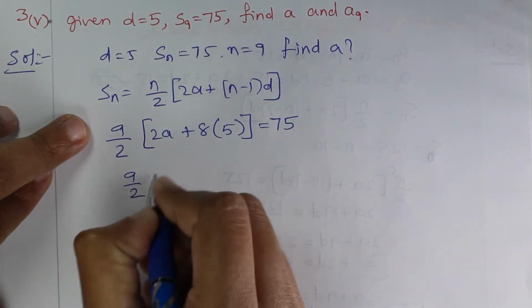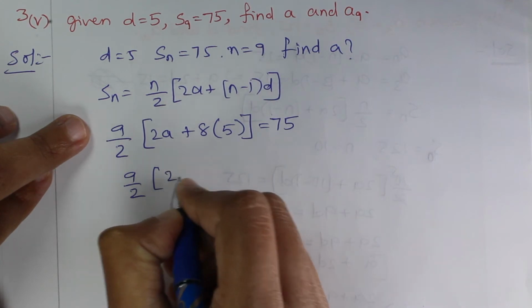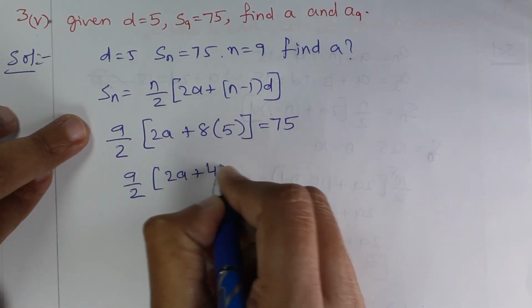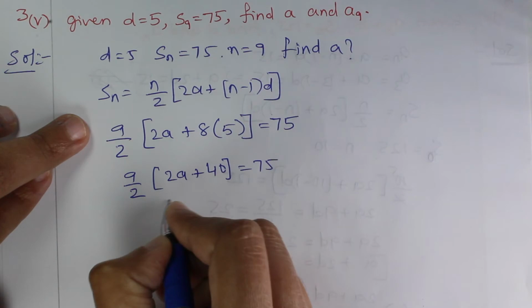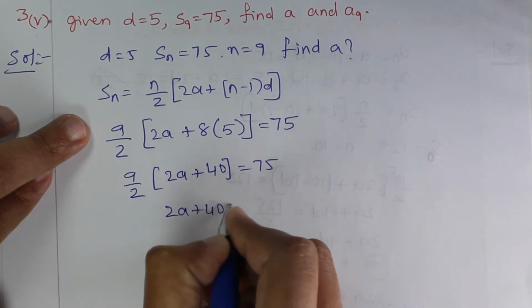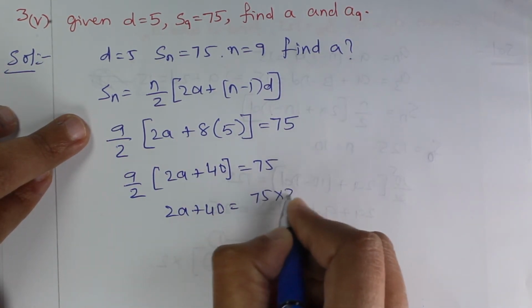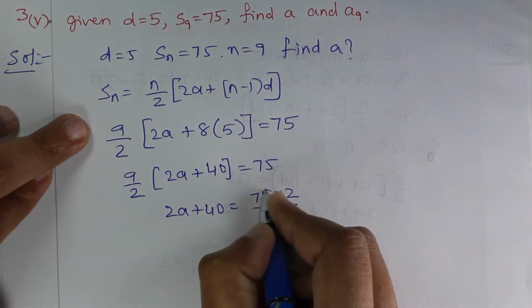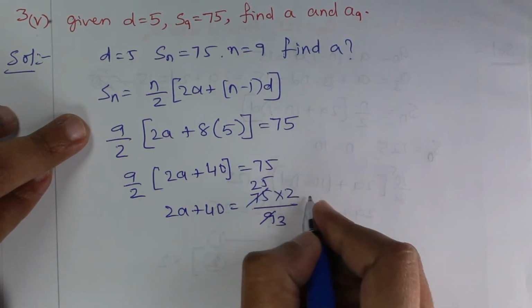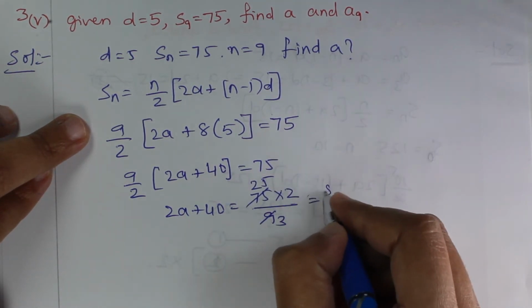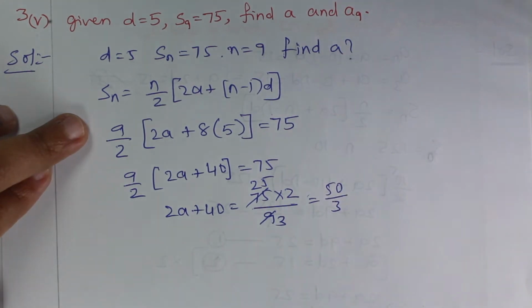So 9 by 2 into 2a plus 40 is equal to 75. 2a plus 40 is equal to 75 into 2 by 9. 3 threes are 9, 3 twenty-fives are 75, 25 twos are 50 by 3.